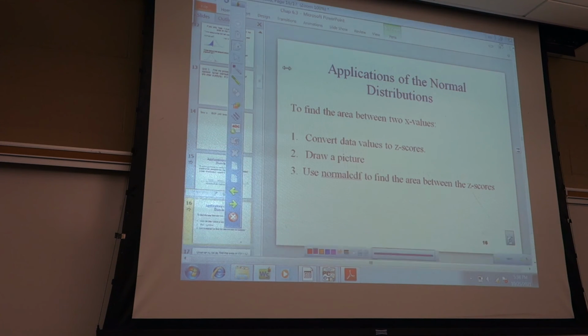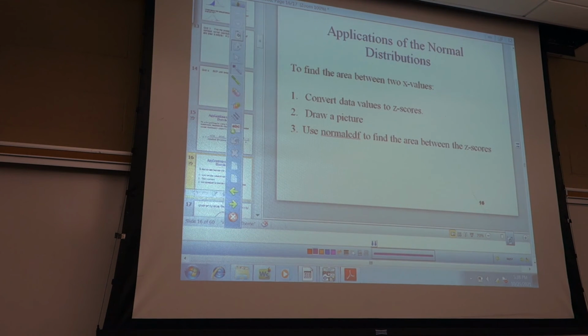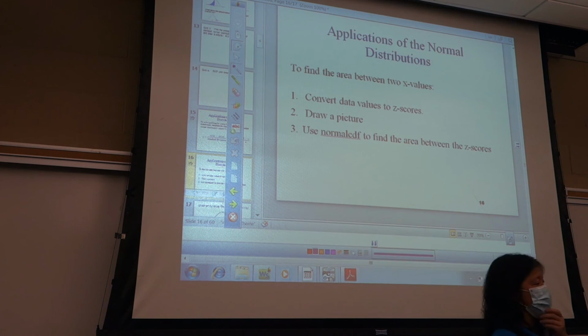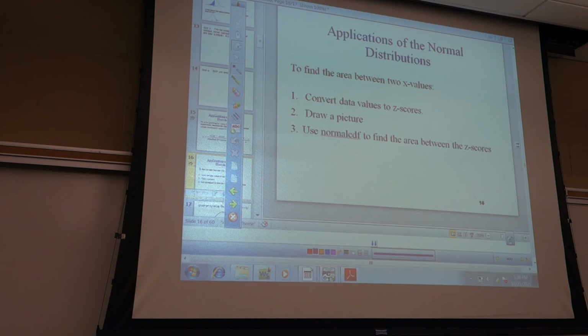Here are those steps if you did not fill them into your notes. Those go into your notes. So first, convert your data values. I might not have done that with you folks. Everyone bust out your chapter 6 notes. At the very top of 6.2, on the fourth page, there are some blanks I did not have you fill in, so fill them in now.